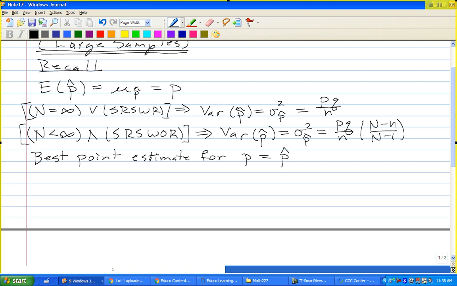If n is large, so if np is greater than 5 and nq is greater than 5, then the binomial distribution can be approximated by a normal distribution.